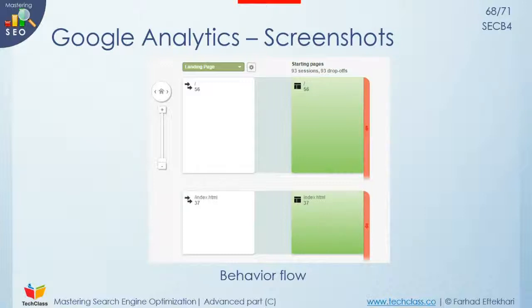So you can see on which part of your website is a dead end, and users usually leave your website. And you can have some kind of plan in order to make them stay in your website. In some pages that usually they leave your website, you provide some more links or try to somehow bring them back to your website so you have more page views and visitors on your site.